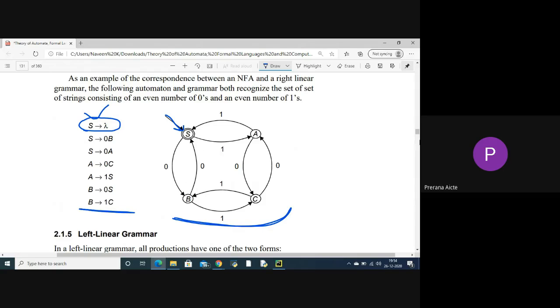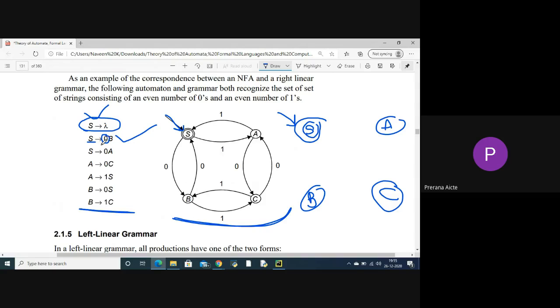Here I will draw an example. We have S, A, B, C as capital symbols, where S is the starting symbol and final symbol. The first production is S tends to 0B.